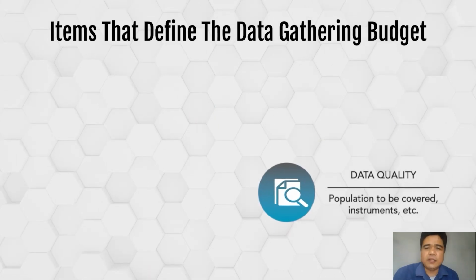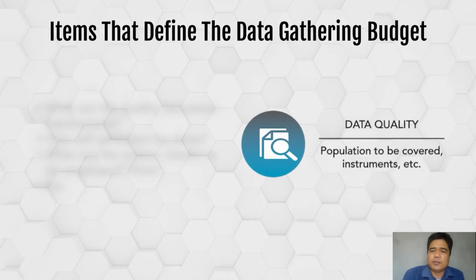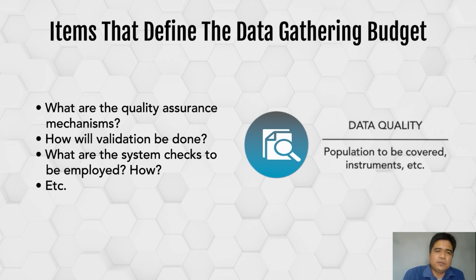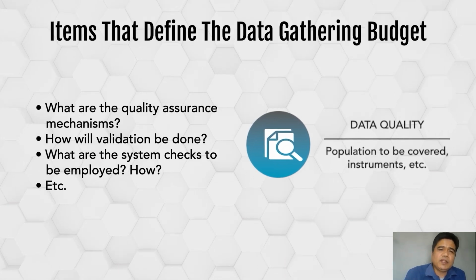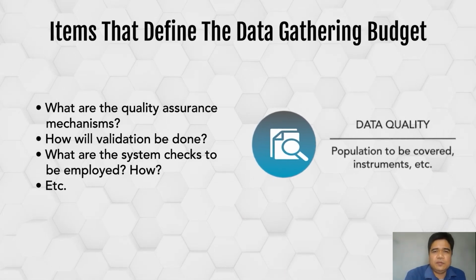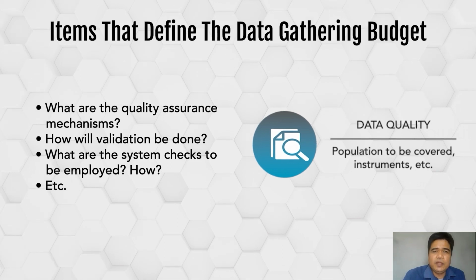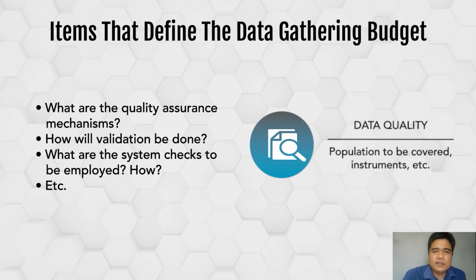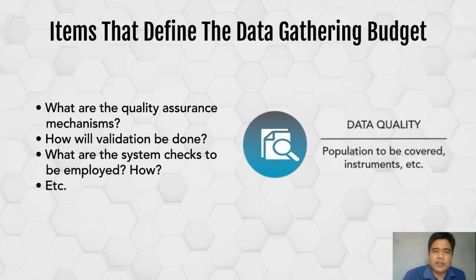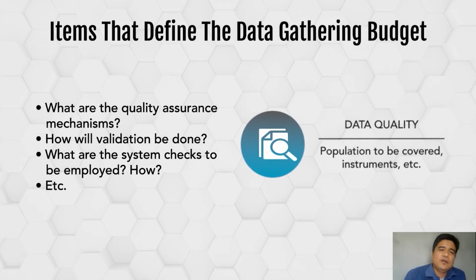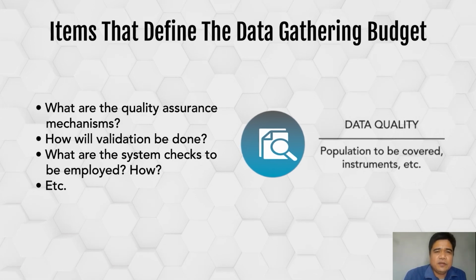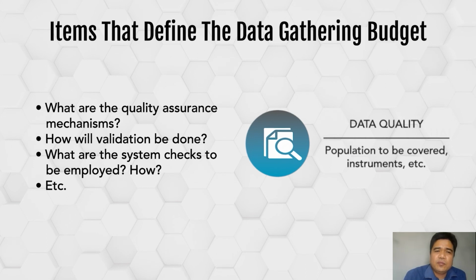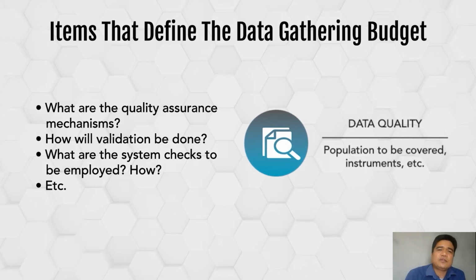The last is data quality, which includes quality assurance mechanisms, research instruments, and the like. So we ask, what are the quality assurance mechanisms? Will there be audits immediately after the end of the data gathering? Will there be spot checks or monitoring supervisors?